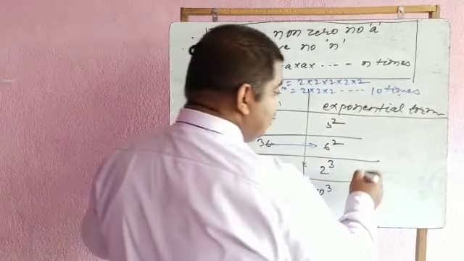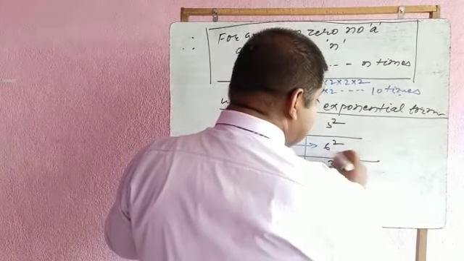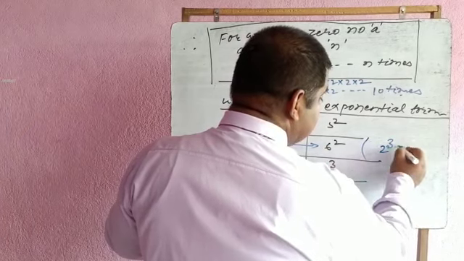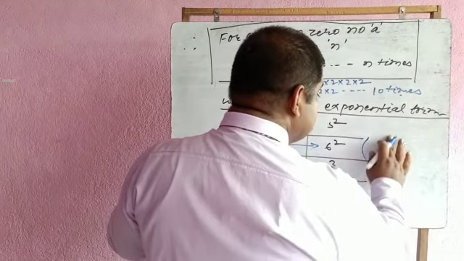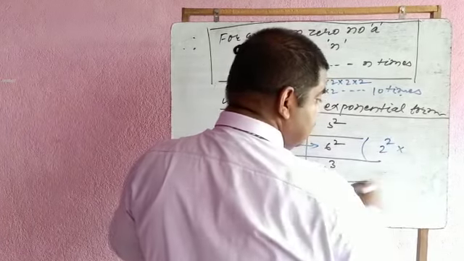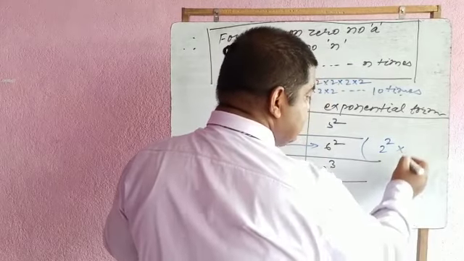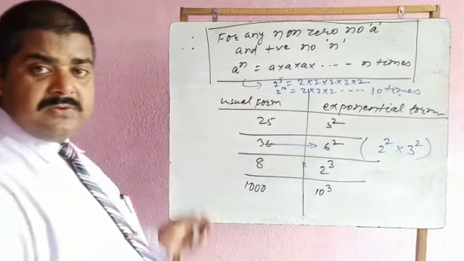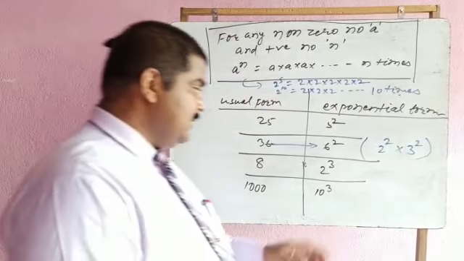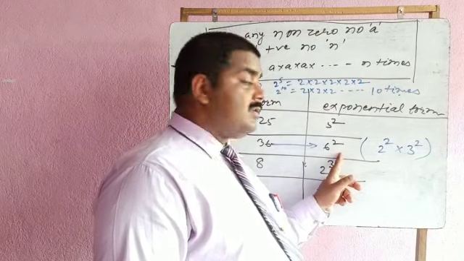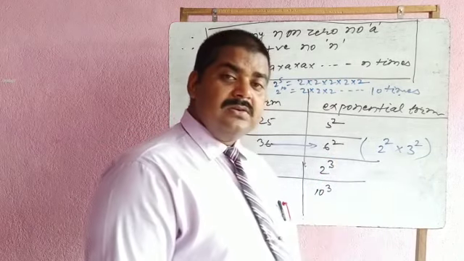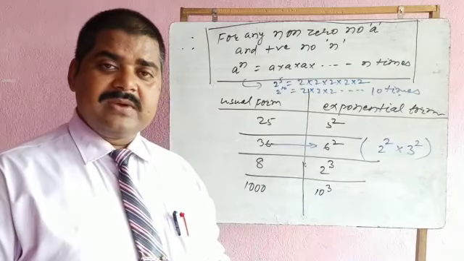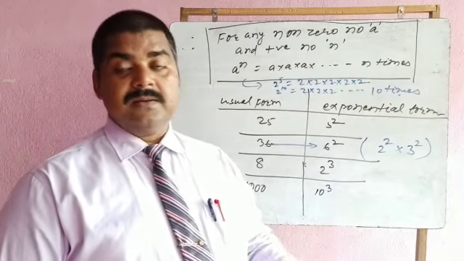It can also be written as 2 square into 3 square. So there are two different ways you can write this number: 6 square or 2 square into 3 square.